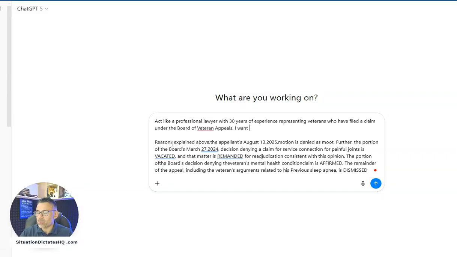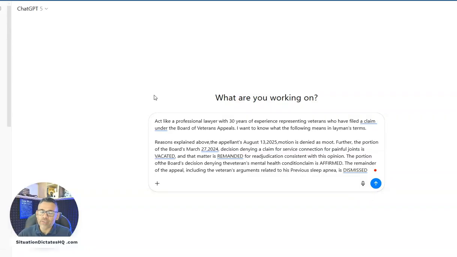I want to know what the following means, you could say in layman's terms. So act like a professional lawyer with 30 years of experience representing veterans who have filed a claim under the Board of Veteran Appeals. I want to know what the following means in layman's terms. Just something like that. And I'll go ahead.